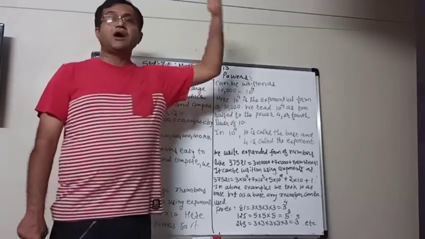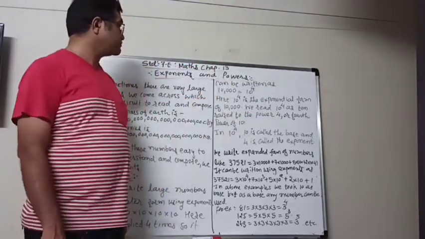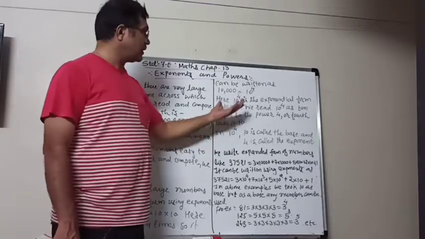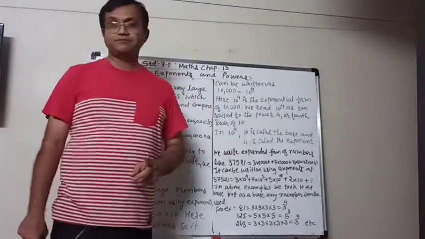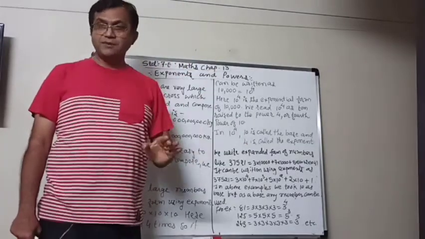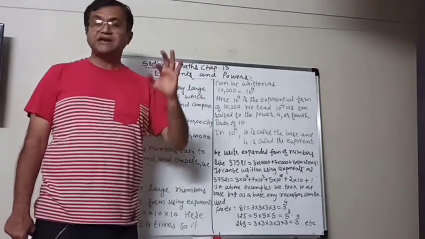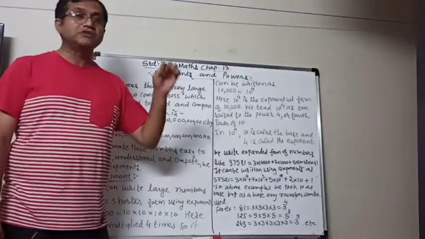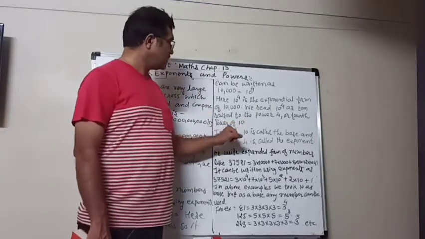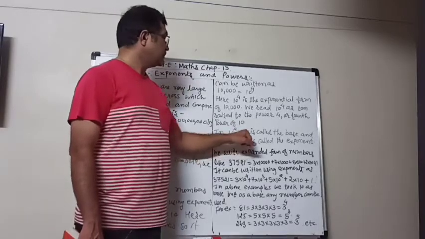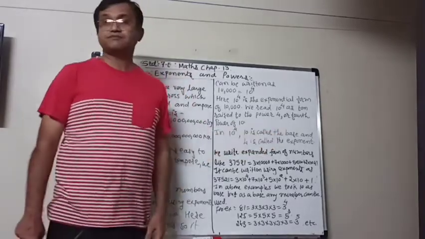Whatever is up is known as the power. So you can read it as the 4th power of 10, or 10 raised to the power 4. In 10 raised to 4, 10 is called the base.